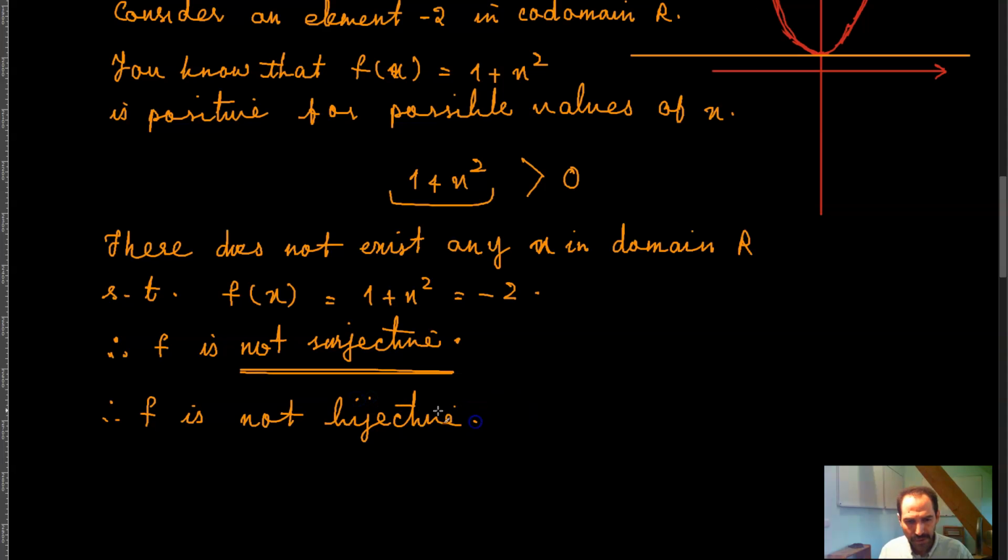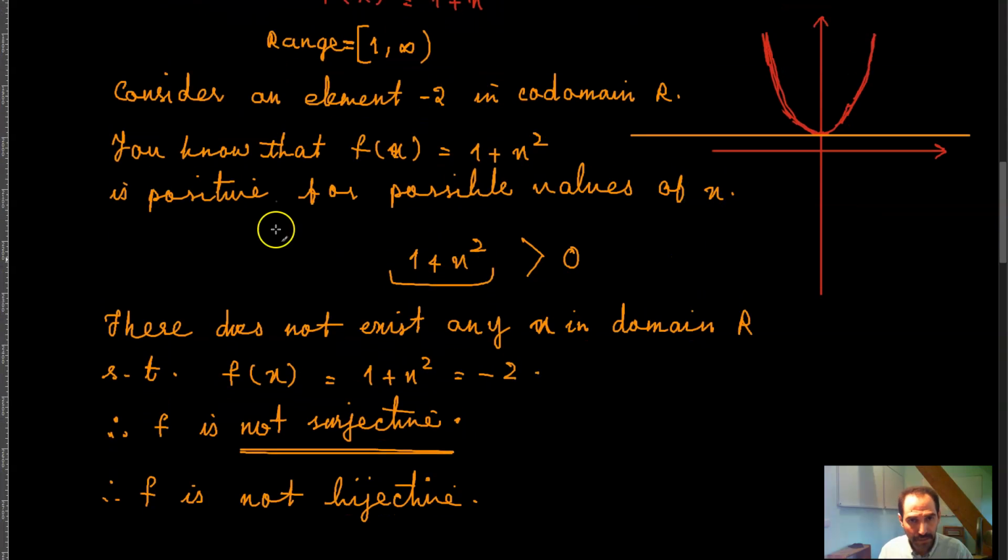Now, the argument that we have created here is mainly a counterexample based on the graph of the function and on some single number. If you want to do this using algebra, in the beginning of the problem I told you that you could get into trouble because you're dealing with the second power of x.